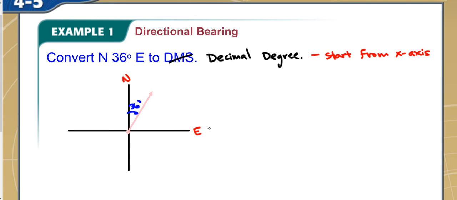So the east is the same thing as the x-axis. And so if we started from here, you would ask yourself, well, how many degrees must that be? The way to figure it out is there is 90 here. So you would just say 90 minus the 36, coming from the other direction. That leaves us with 54 degrees. In decimal degree, the answer would simply be 54 degrees.